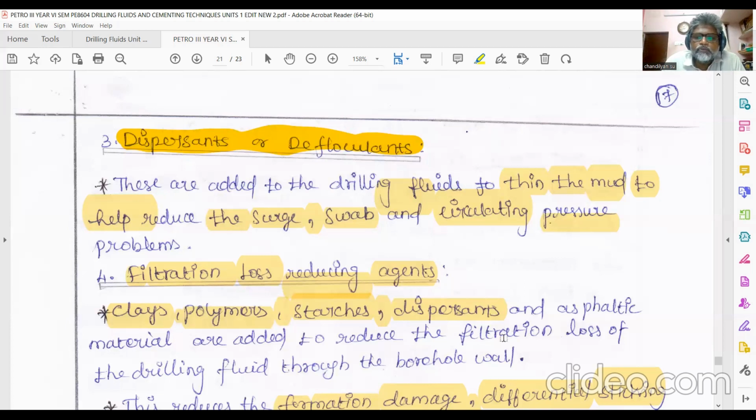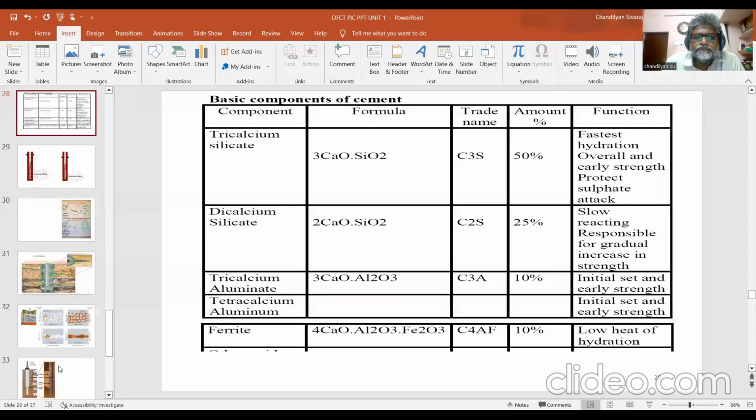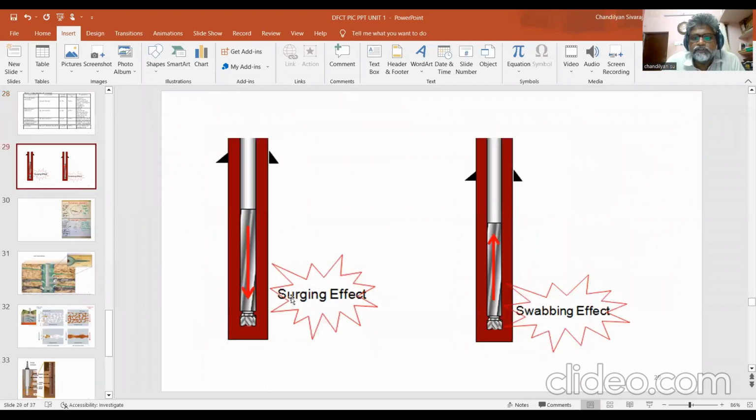I've already explained to you what surge and swab pressures are. Let me share a PowerPoint slide so that you'll be able to understand. Here is the slide for surge and swabbing effect. So what is surge?